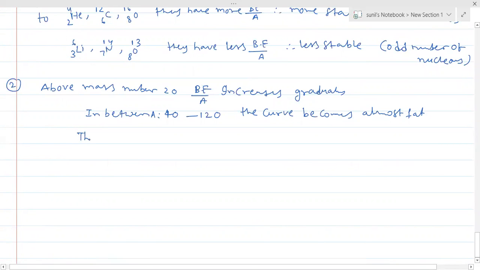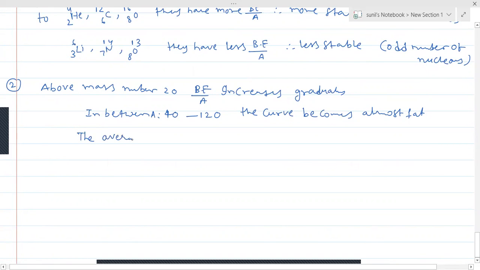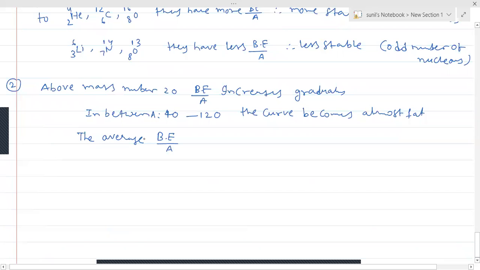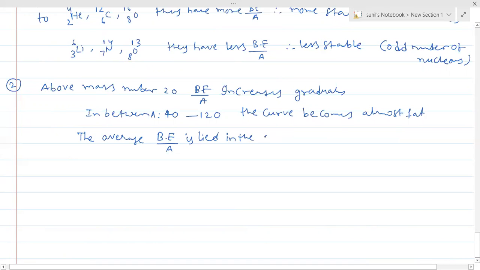The average binding energy per nucleon lies in the range of 8.5 MeV.